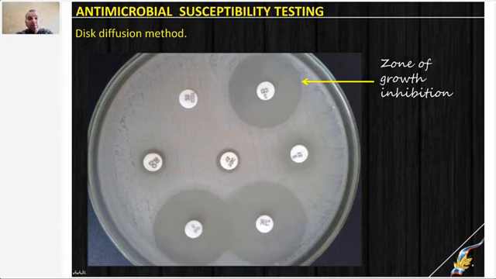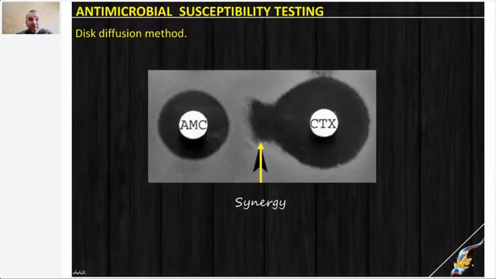It's not really possible to find that synergy in broth because we always have only one antibiotic in one test tube. But in the case of this diffusion test on one petri dish, we have multiple antibiotics. And sometimes it is possible to identify that synergy.